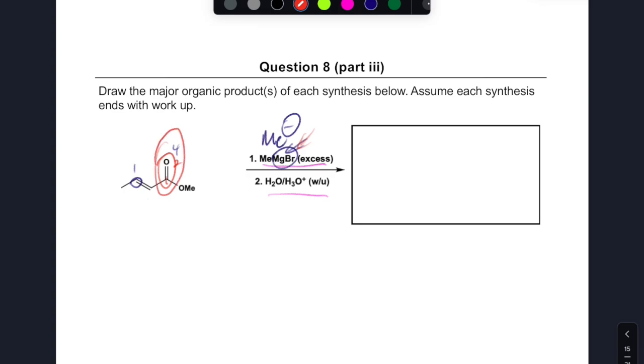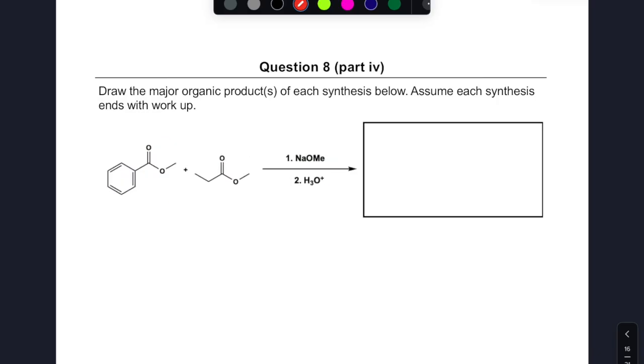If we do 1,2 addition, that's effectively like we're just doing addition to the ester itself. We're not touching the other bonds. The major product here we're going to expect is 2 additions of a methyl group to that center, where we're removing this methanol as a result.